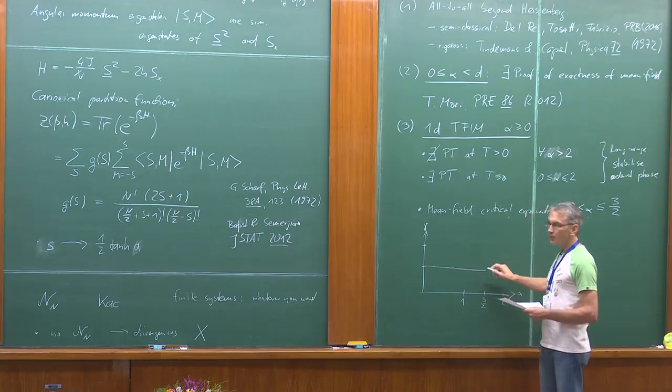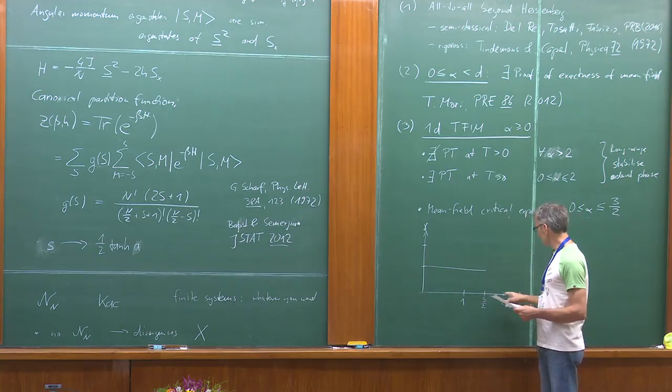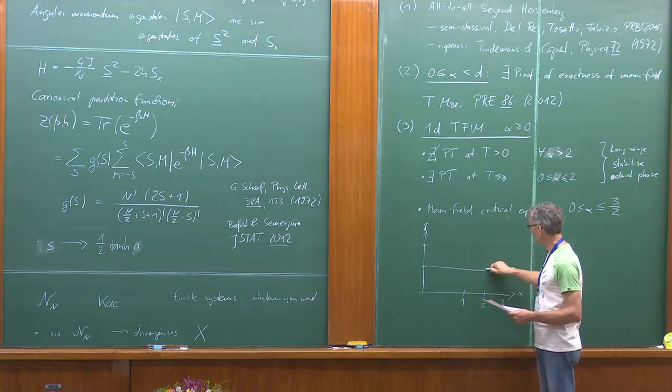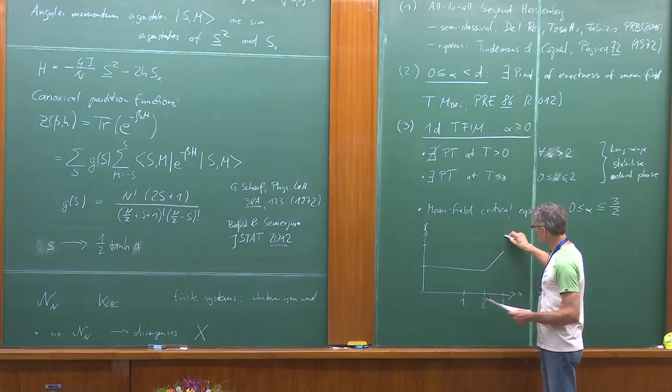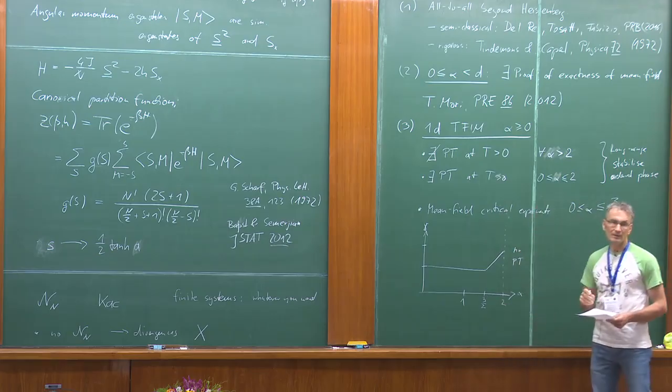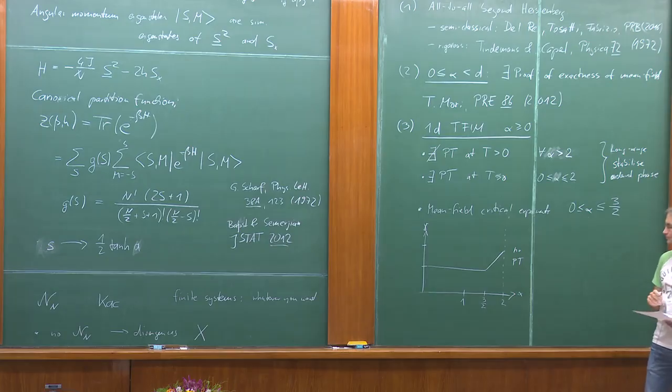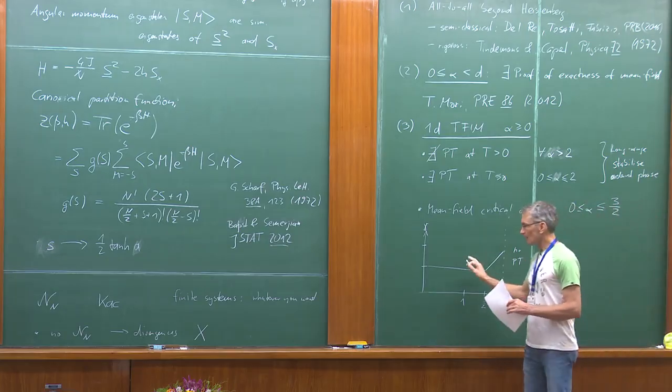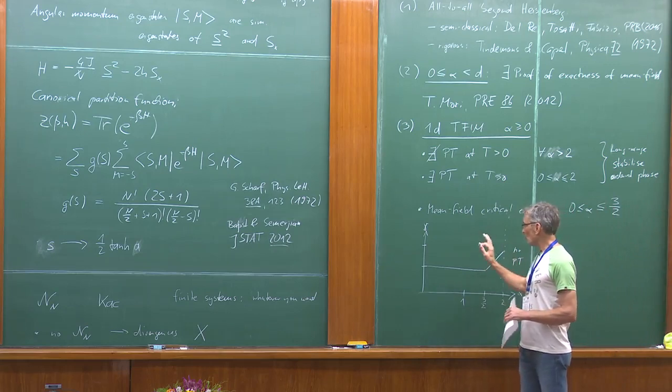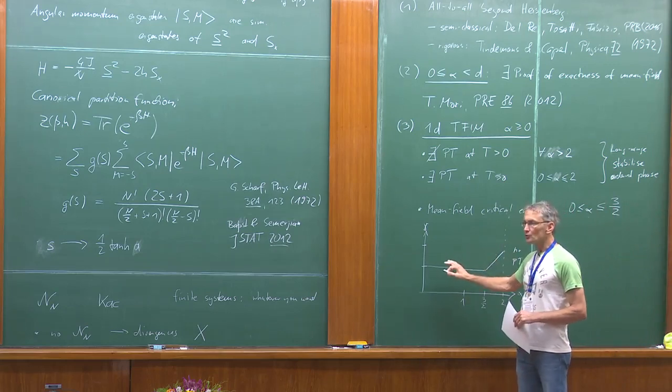Then from there on, it will change linearly with alpha. So it does something like this. And at 2, it stops because there's no phase transition on that side. So why did I want to show this?